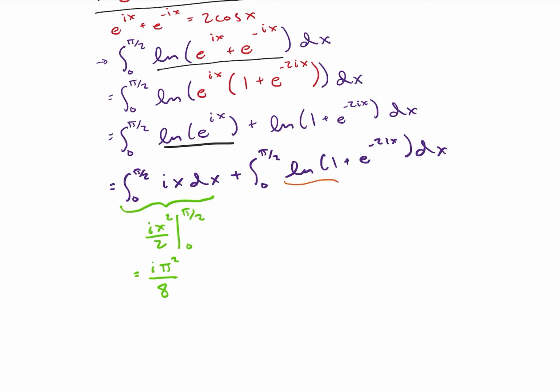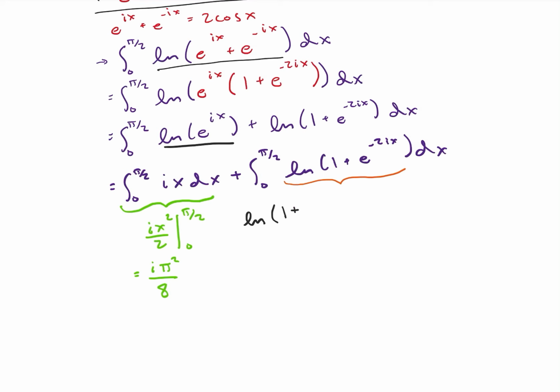Let's specifically look at this natural log of 1 plus e to the negative 2ix. I want you to recall, and if you haven't done Taylor series expansions, this is basically a way that we can write many functions in terms of a polynomial.